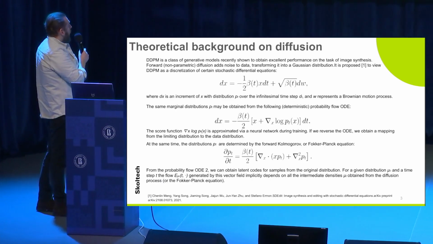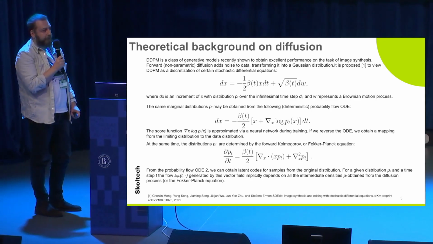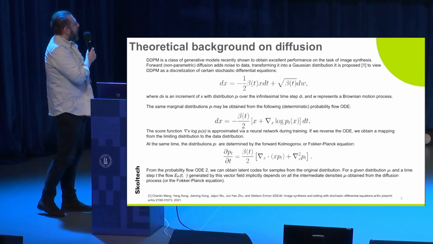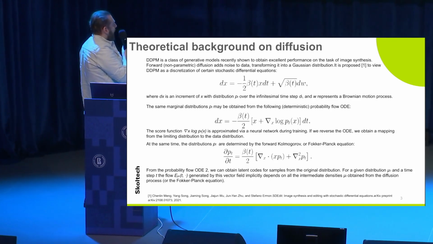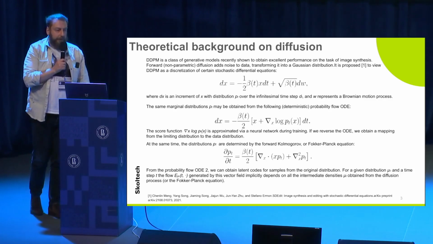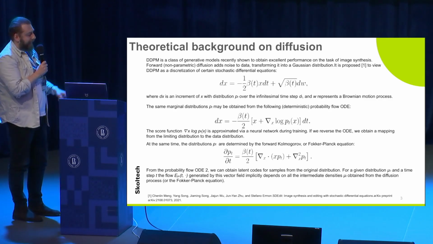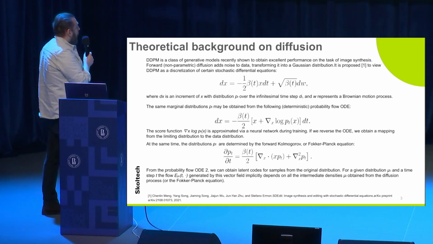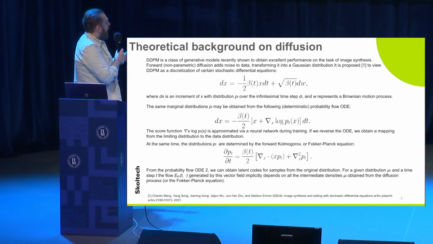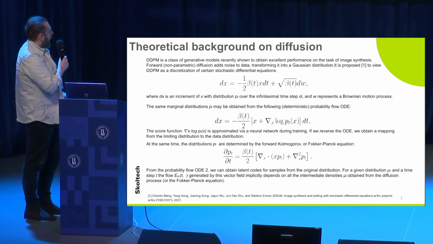What is DDPM? In DDPM we have a stochastic differential equation. We have a deterministic part and a probabilistic part. If we're interested only in the final distribution, but not in trajectories, we can rewrite this equation as a deterministic equation.